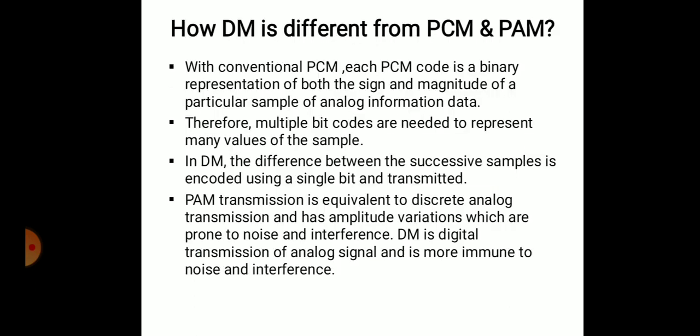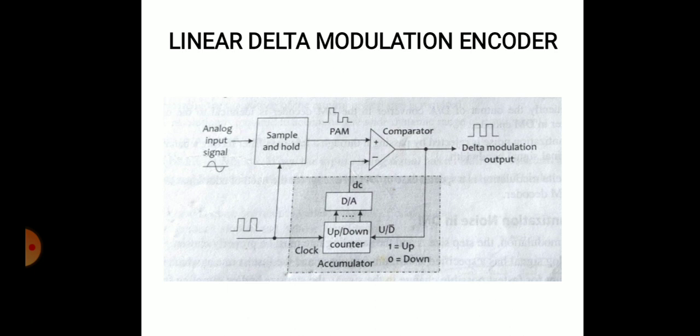Now the next one is the linear delta modulation encoder and decoder. Here we can see the block diagram or circuit diagram of a linear delta modulation encoder. Basically the operation is like this. First of all, the input signal is analog. This is passed through a sample and hold circuit where we get the PAM signal.